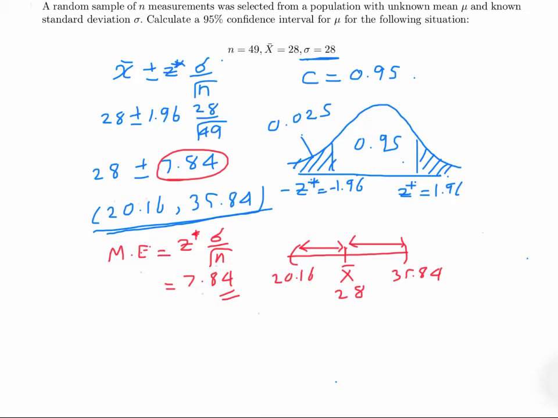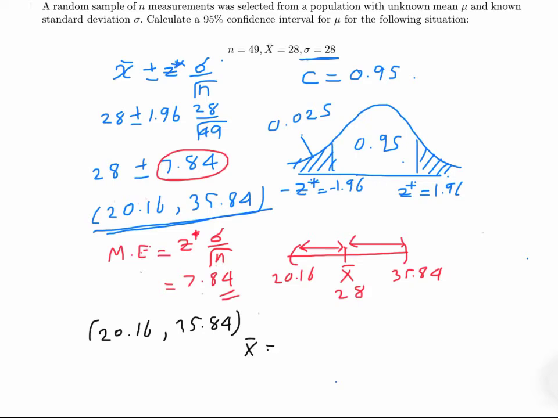Now I am asking this question. Suppose you know only the confidence interval, that is 20.16 and 35.84. How do we find the x bar? Yes, x bar is the middle value.